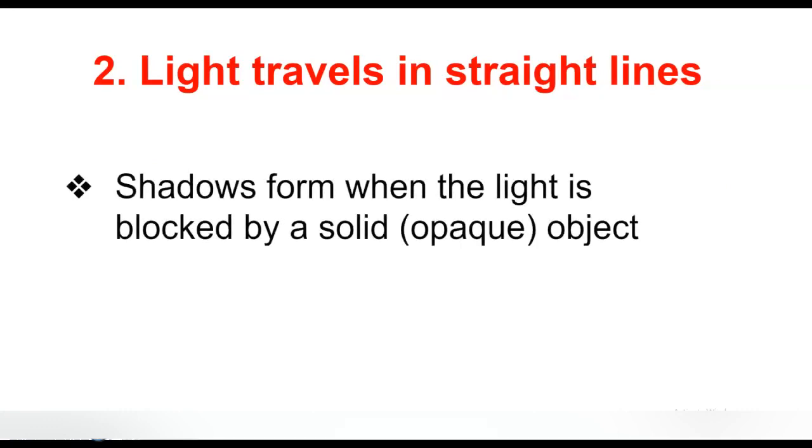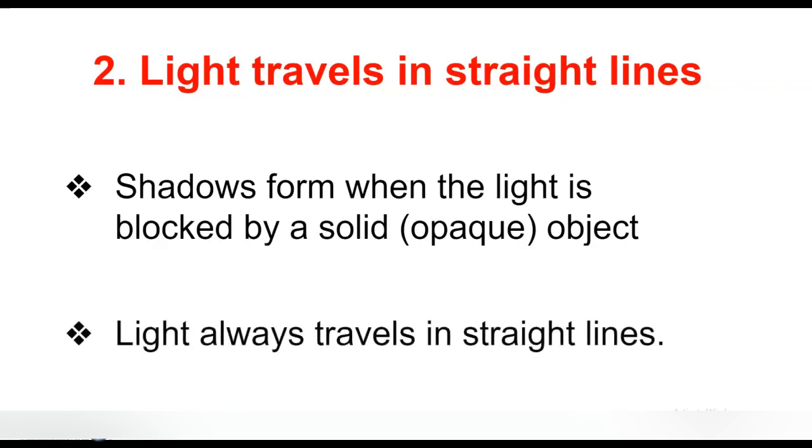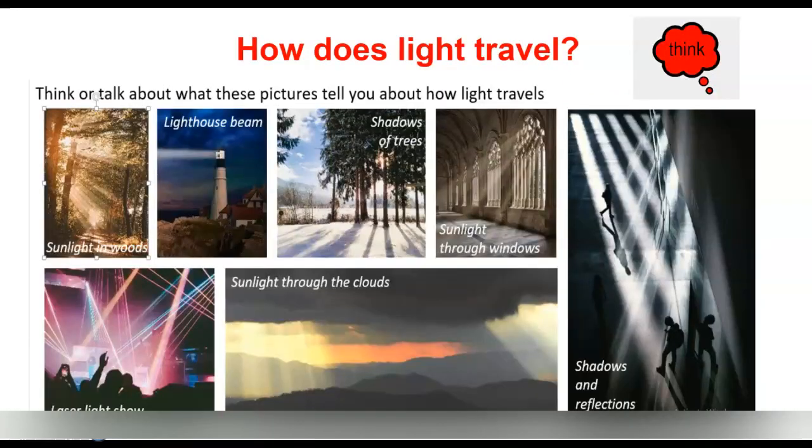So the second part of the video, that light travels in straight lines. These are the main ideas. Shadows form when the light is blocked by a solid, opaque object. Light always travels in straight lines. So look at these pictures.